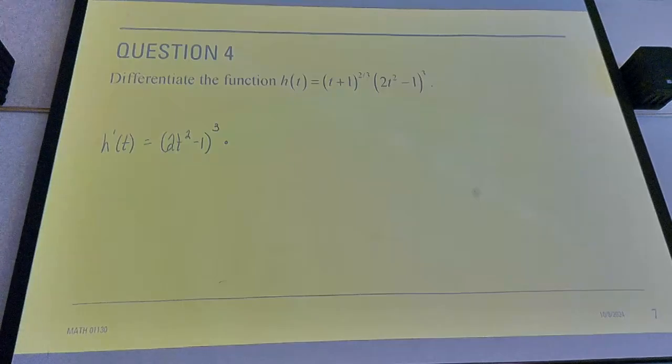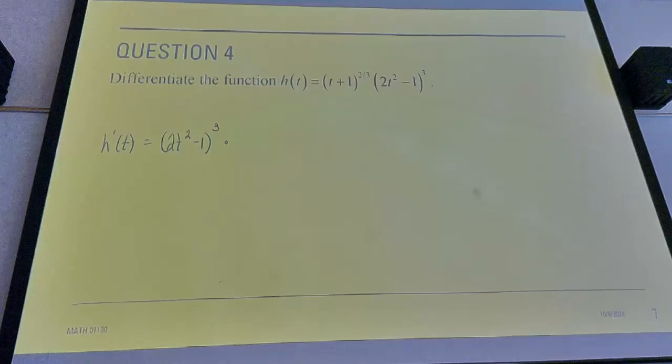Exponential is different. It's a power function. It's being raised to a power, so it's a power function. It's actually a composition, though, isn't it?